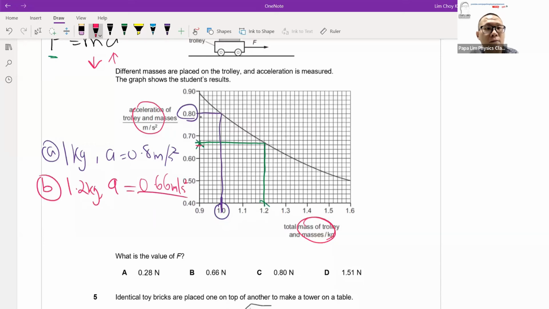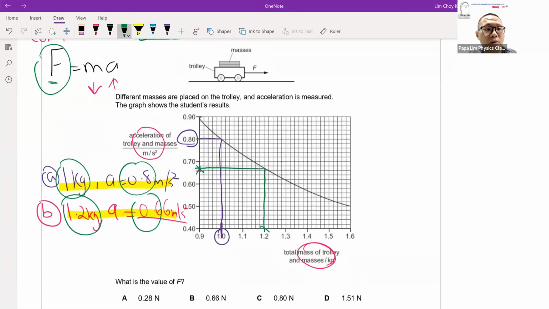So what does this mean? For each respective mass, there will be a relevant acceleration experienced by the object. But one thing common between them is that regardless of the mass and acceleration, the force applied in both situations is always the same.